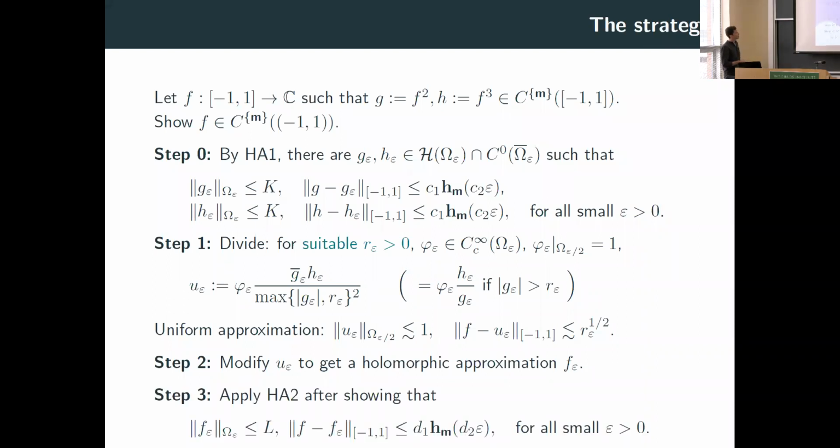But then we have to show that this approximation actually has the right properties. If we manage to show this last line, then we can use the second holomorphic approximation theorem to get back and conclude that f is in the Denjoy-Carleman class as we want, right?